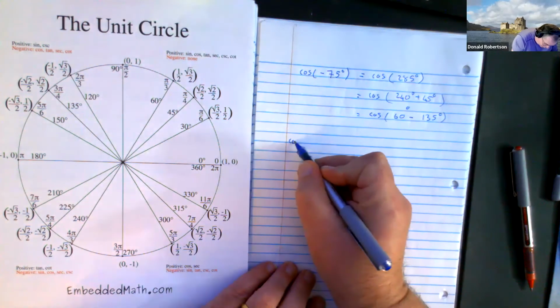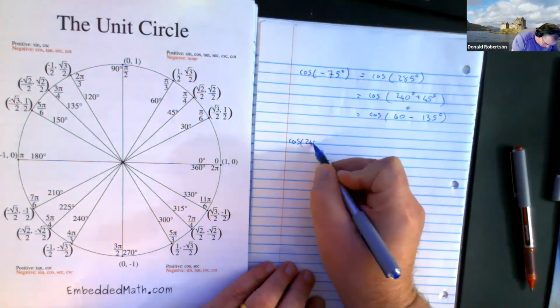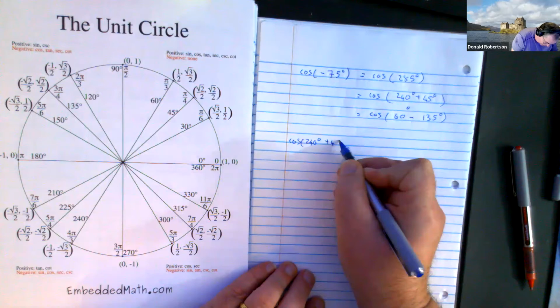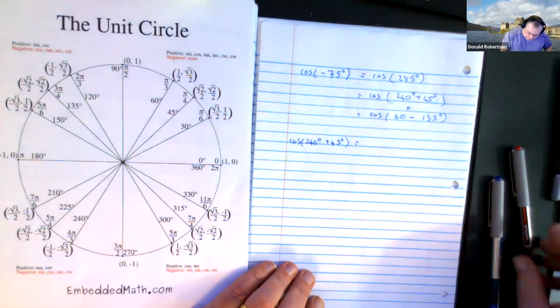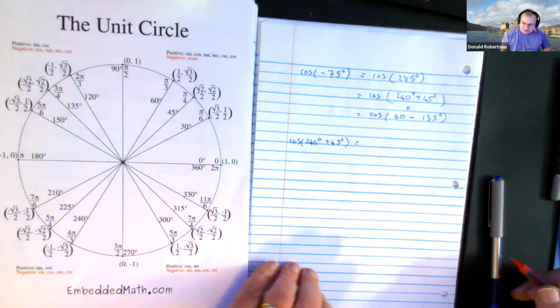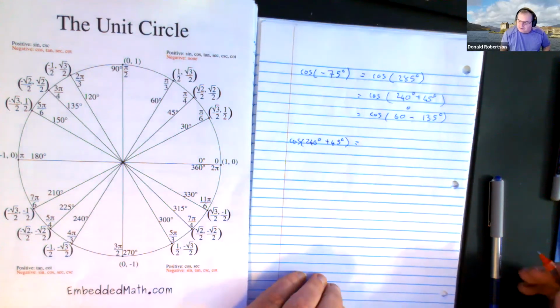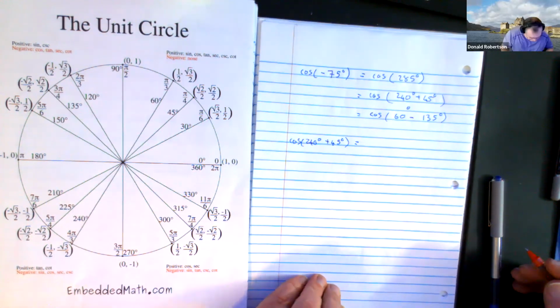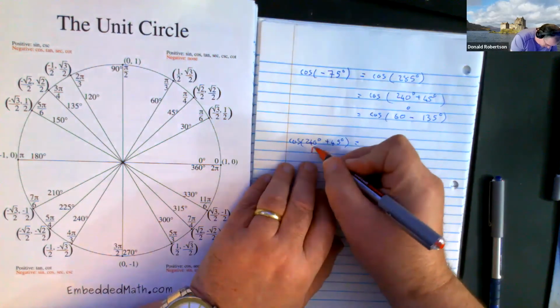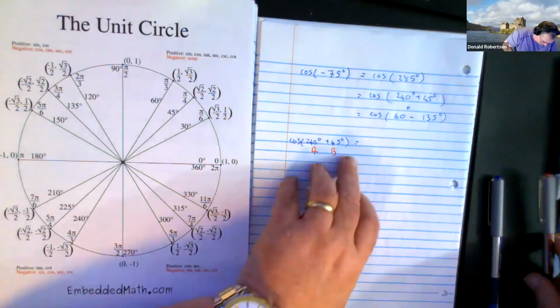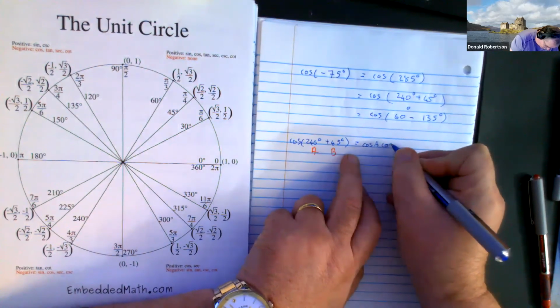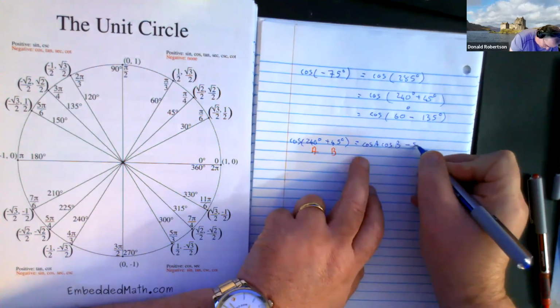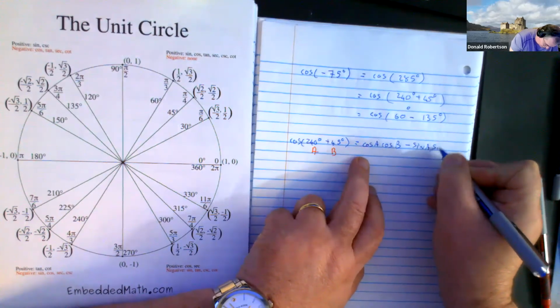So it's going to be the cosine of 240 degrees plus 45 degrees. Have you noticed that 45 degrees seems to be there in almost every question somewhere? Right, so that's going to be A and that's going to be B. So the formula I'm going to use is the cosine of A, cosine of B, take away the sine of A, sine of B, right?